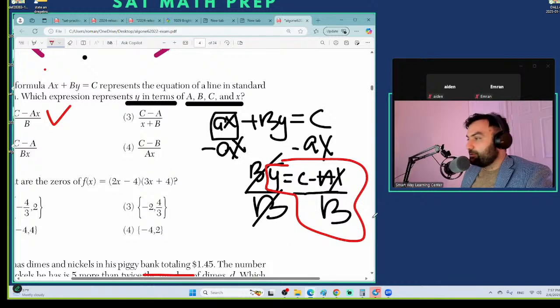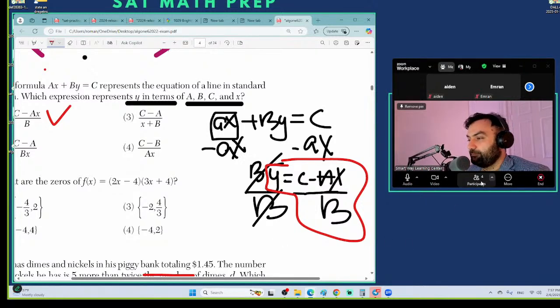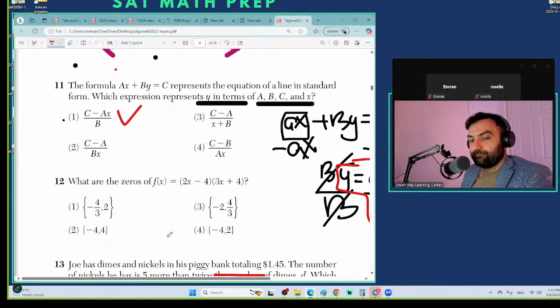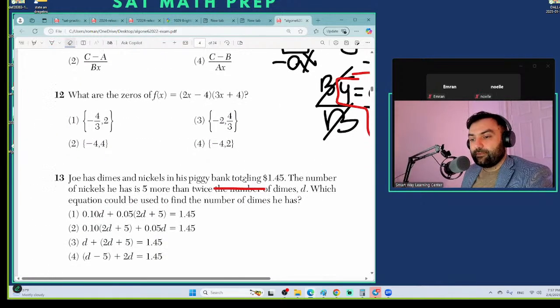All right, so we're moving on. Number 12. Number 12 is: what are the zeros of the function? Guys, for this question, I can show you how to do it graphically, and I think it's going to be the best way to do it.